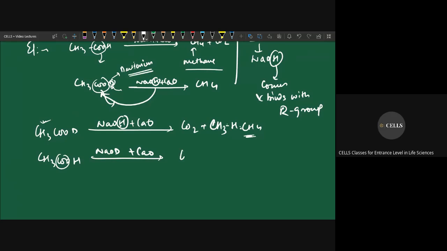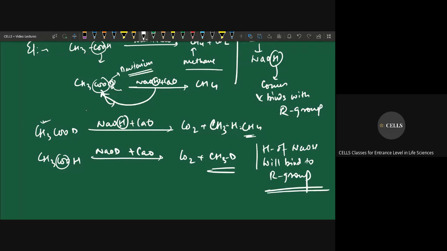CO2 will be released plus CH3D. So this one is important. The hydrogen of NaOH will bind to the R group. Important.